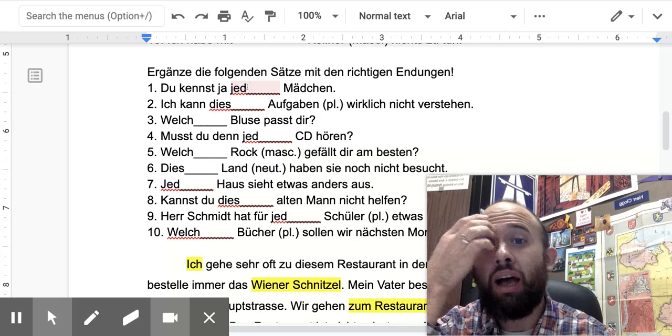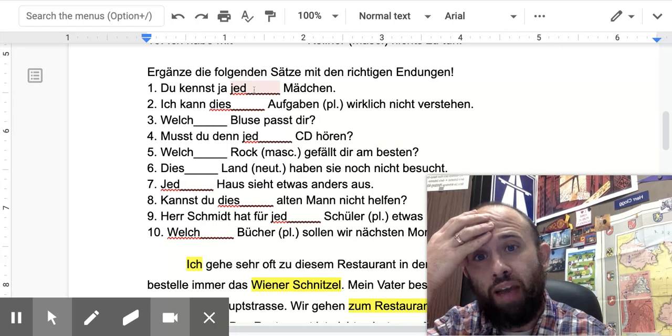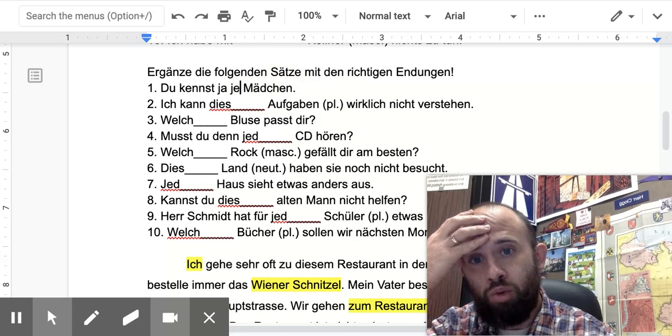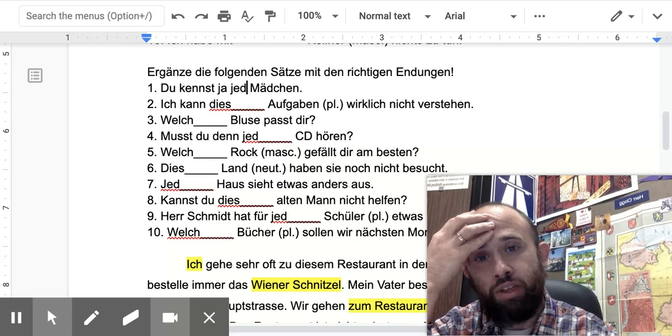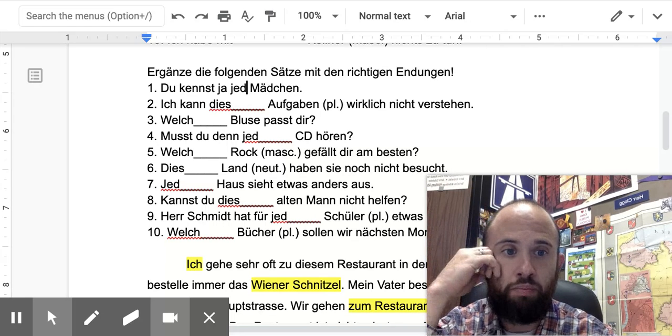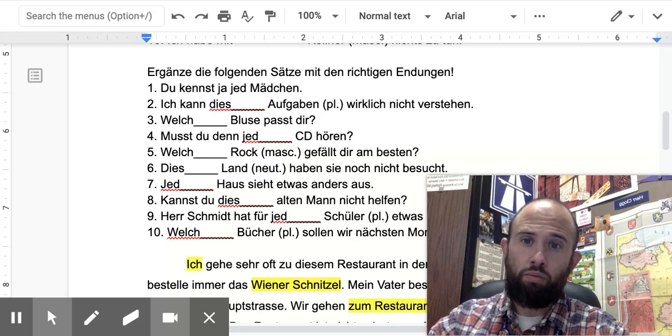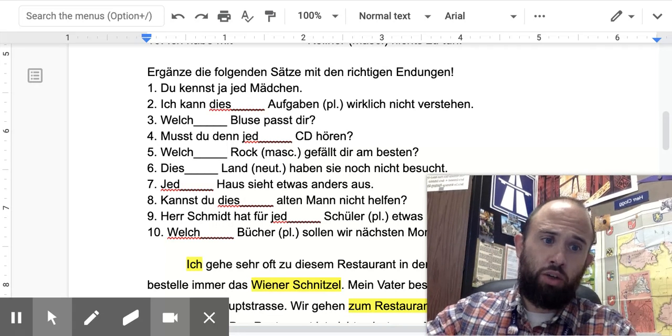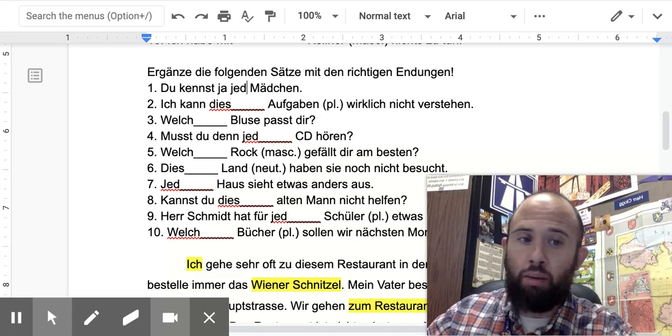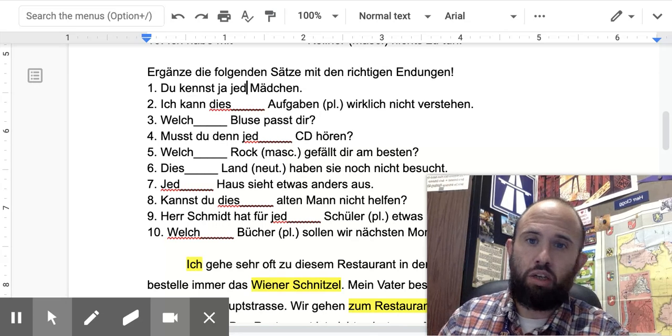Du kennst ja, if we're going to say do you know every girl, using jed. We have to think about the word Mädchen. It's das Mädchen. Is it nominative, accusative, or dative? In this one, we've got du there. Du is nominative. If it weren't nominative, it'd be dich or dir.